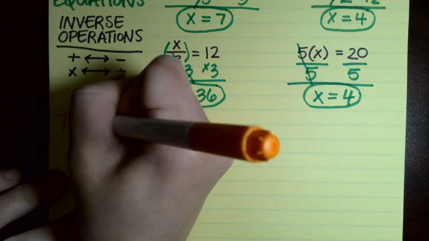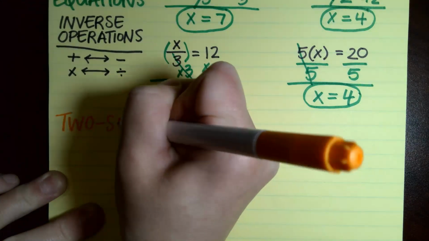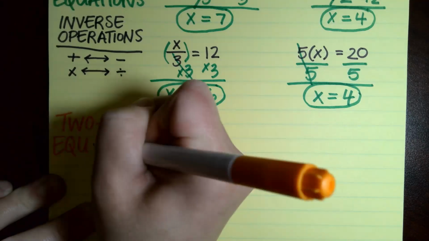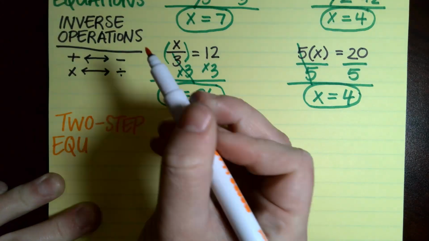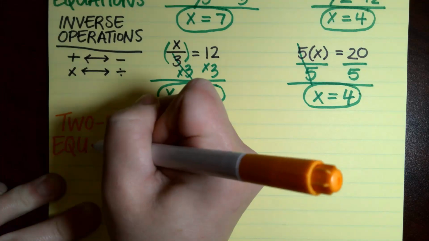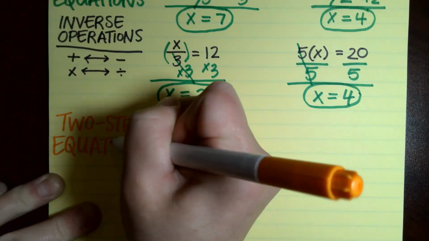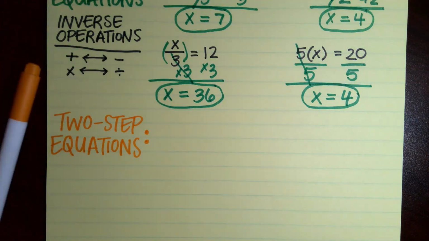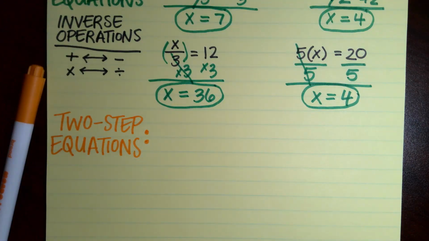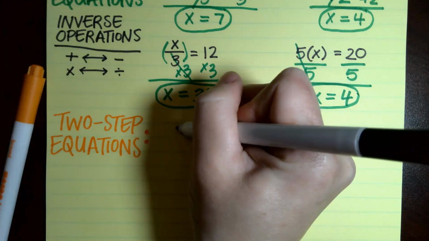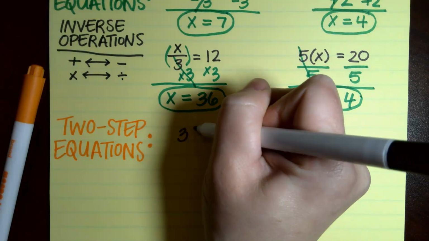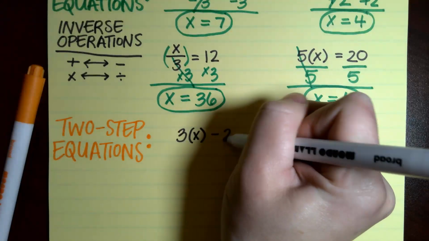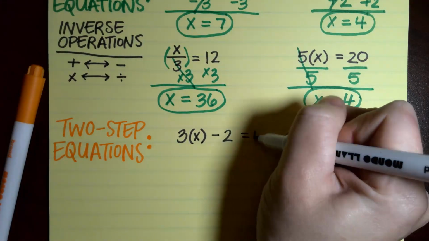Once we start doing more than one operation inside of an equation, we have to think about not only what operation we're doing, but what order we need to do it in. For example, let's say we had 3 times x minus 2 equals 13.